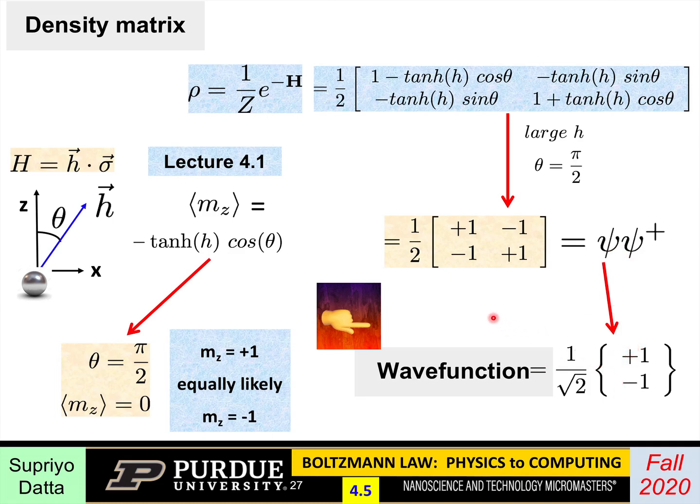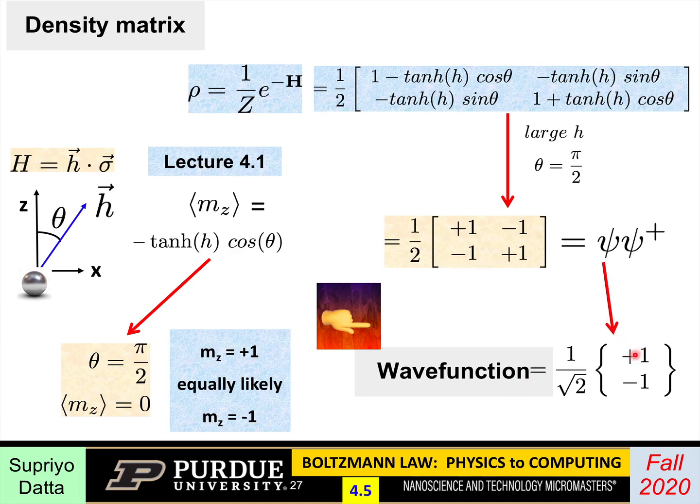And as we'll discuss next week, there are systems where you can take the density matrix and factorize it. And in that case, you can think in terms of a wave function, which is a little easier because it's just got two components as opposed to the density matrix, which is a matrix.